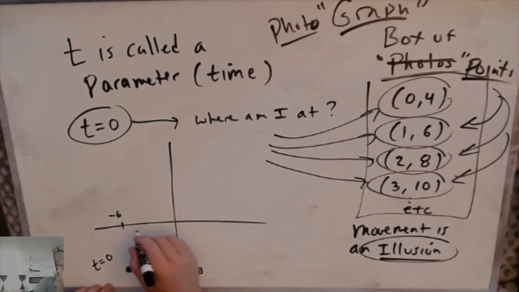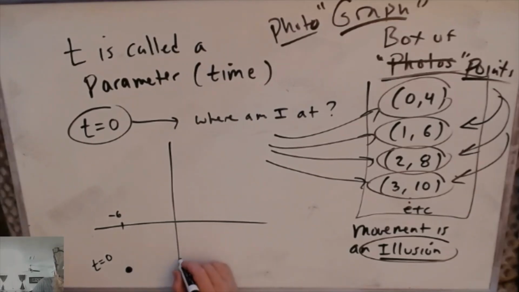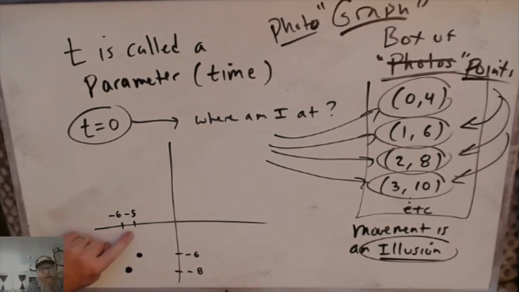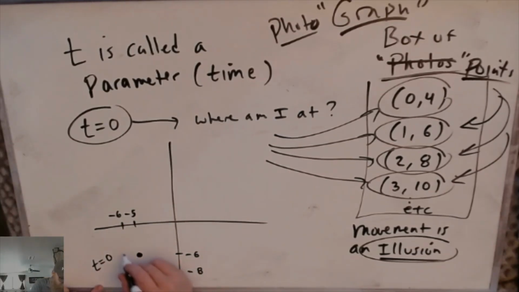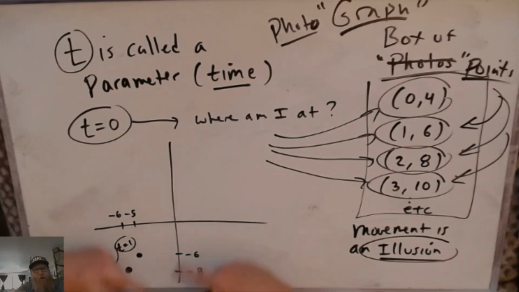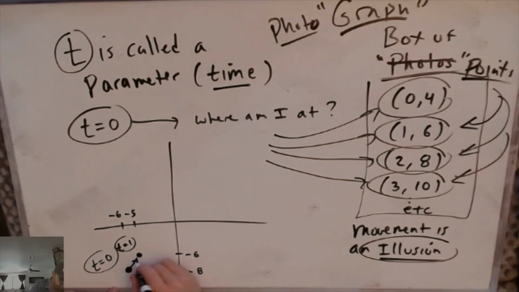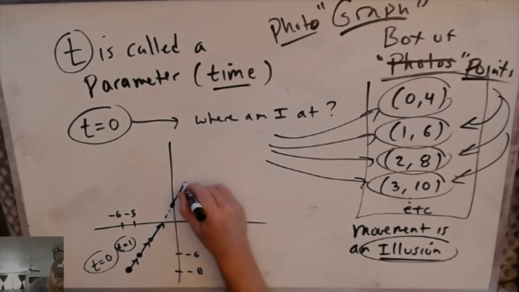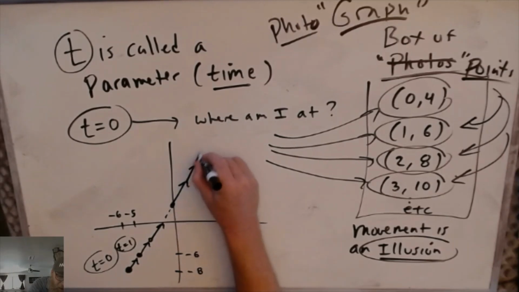And then what if when t is equal to 1, I'm at -5 and -6. So maybe I could think of time like a clock, and over time, each time I plug in a different value of t, the graph will move over time.